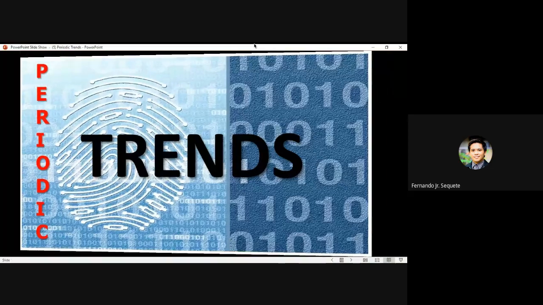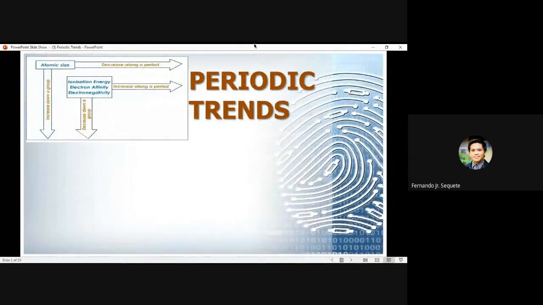Okay, we are done talking about the characteristics and the appearance, and the reason why the elements inside your periodic table are arranged in a particular manner.